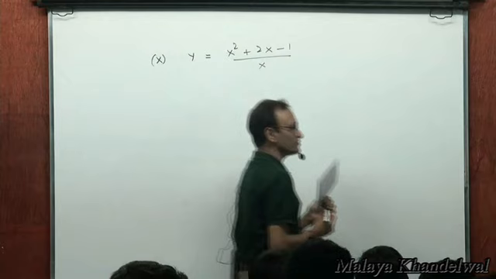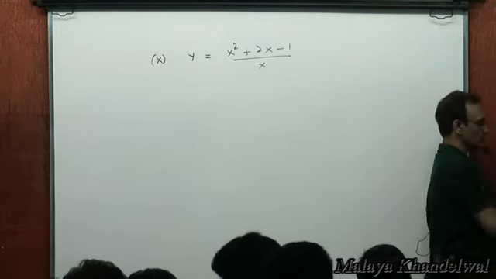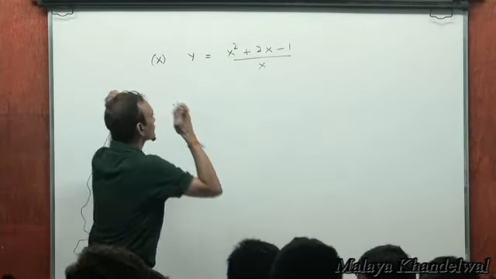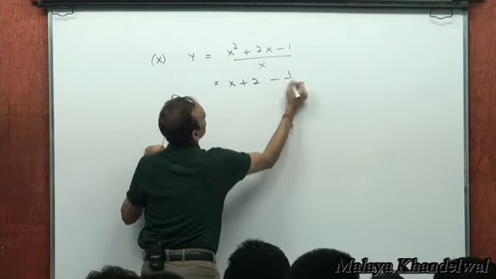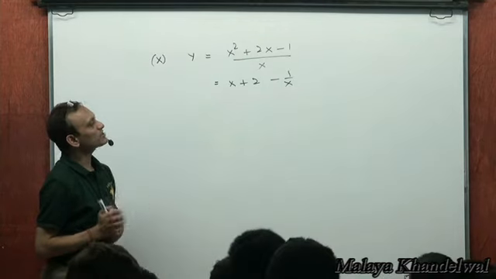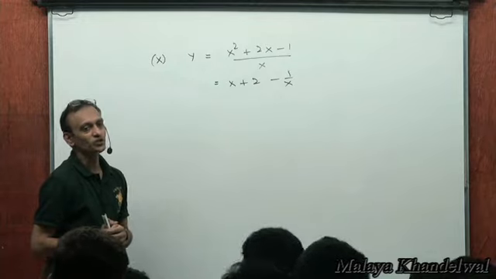Let's draw the graph of this. I could write it like this: x plus 2 minus 1 by x. There are two asymptotes: y equal to x plus 2 and x equal to 0.